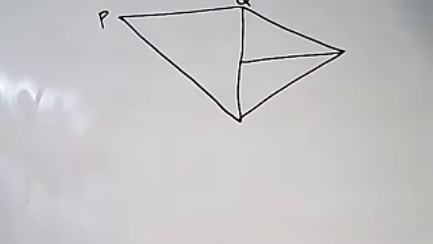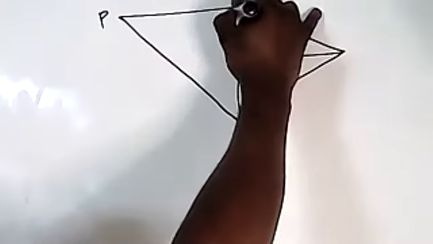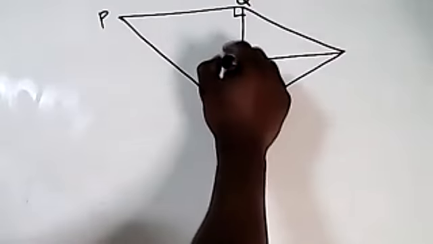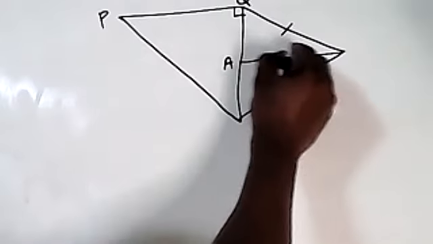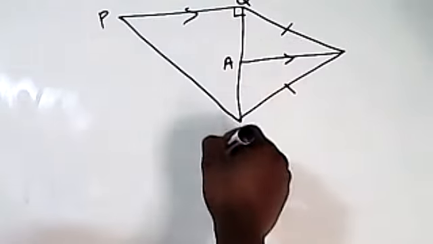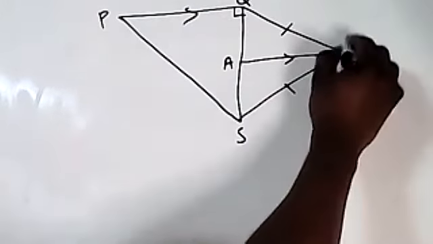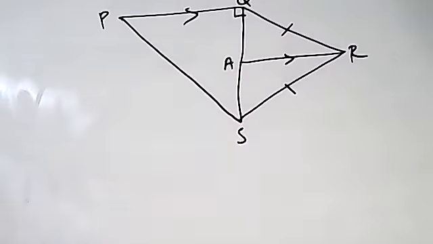So this is P, this is Q, which has 90 degrees there. We have A, and we're told that this side is equal to that one, and that this one is parallel to that one. Then we have S, and then we have R.